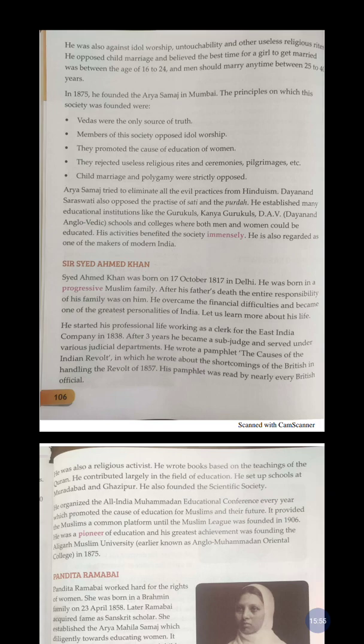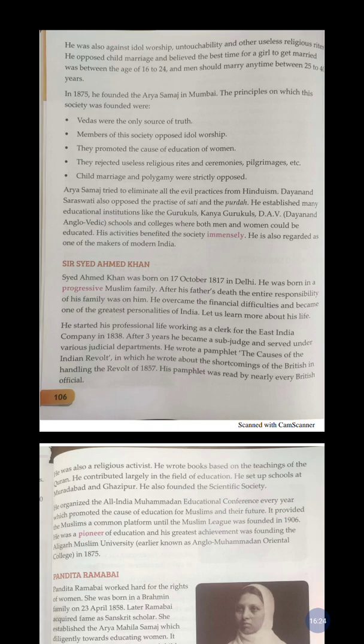Syed Ahmad Khan was born on 17 October 1817 in Delhi. He was born in a progressive Muslim family. Students, please underline the word progressive. The meaning of progressive is modern. After his father's death, the entire responsibility of his family was on him.